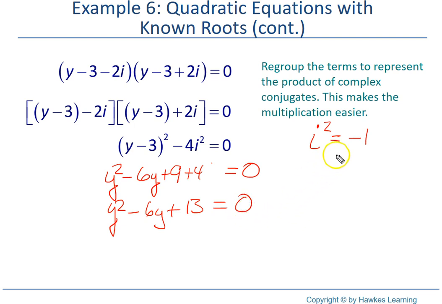Okay. Again, I'm not sure how much of complex numbers we're going to get into, but this isn't too much to remember. I squared, and just to review, the square root of -1 is i. So i squared is -1. All right.